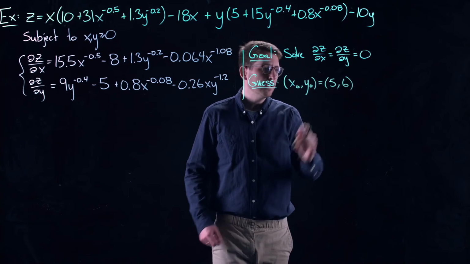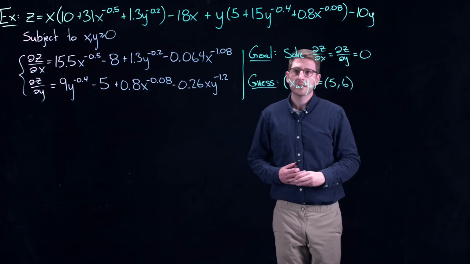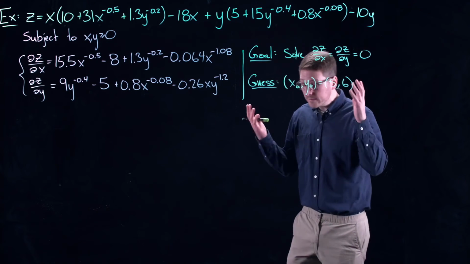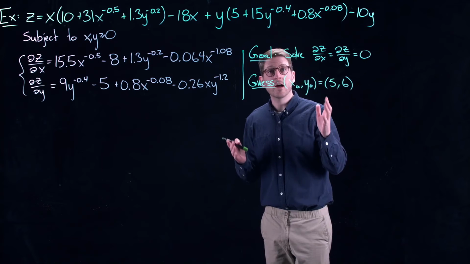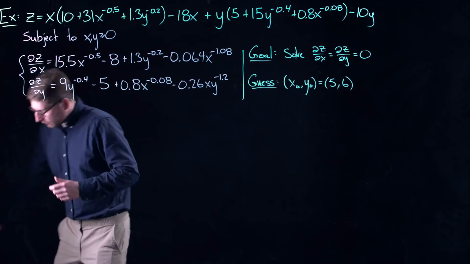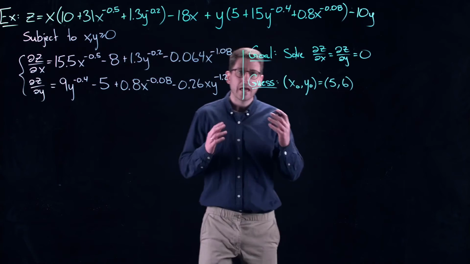It looks like the solution to this thing is around x equal to 5 and y equal to 6. Okay, so that's not exact. That is certainly not the exact maximum of this thing. But, from my eyeball test, it looks like a good enough guess to get Newton started.